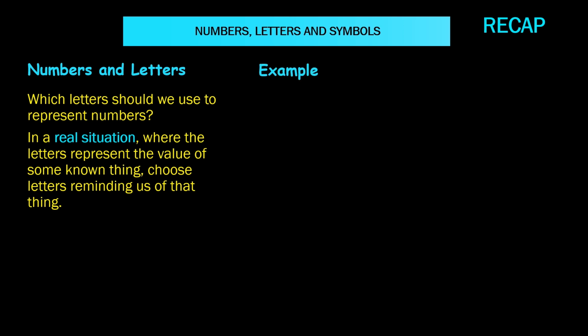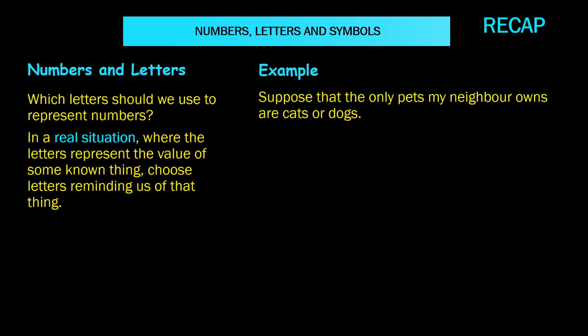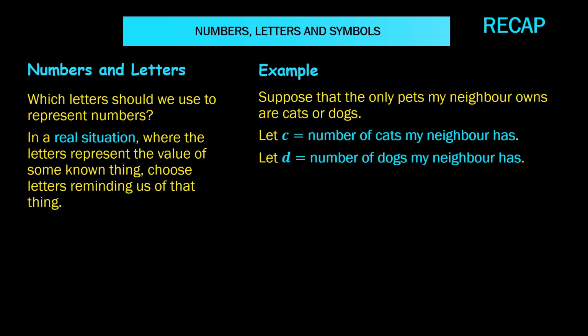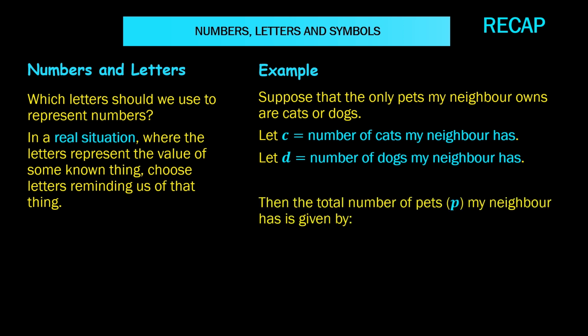Let's now take a look at a more involved example. Suppose that the only pets my neighbour owns are cats or dogs. Let C equal the number of cats my neighbour has, and let D equal the number of dogs my neighbour has. Then the total number of pets, P, my neighbour has is given by P equals C plus D, so the number of cats plus the number of dogs.